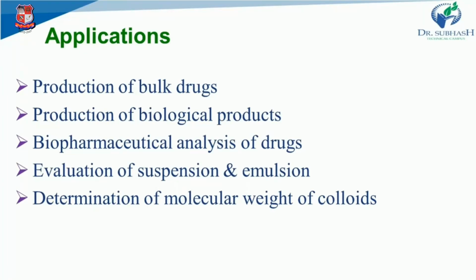For example, insulin is a monodispersed protein composed of two polypeptide chains, whereas gelatin is found to be a polydispersed protein with fractions of molecular weight 10,000 to 1 lakh, right? So basically you can determine the molecular weight of colloids using centrifugation.